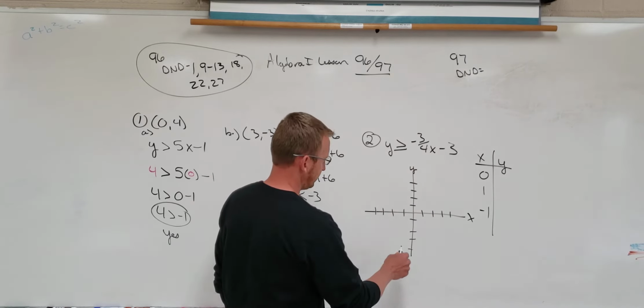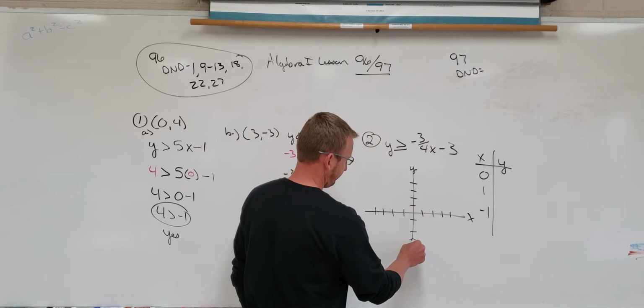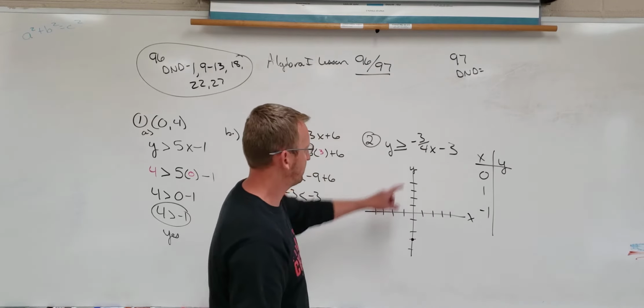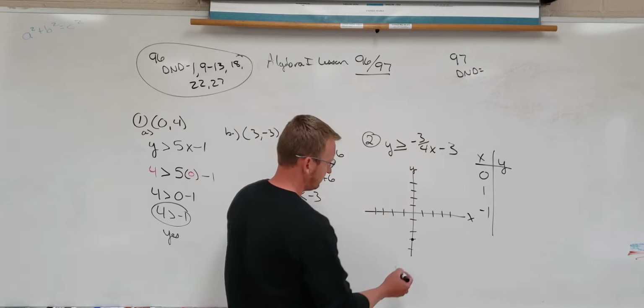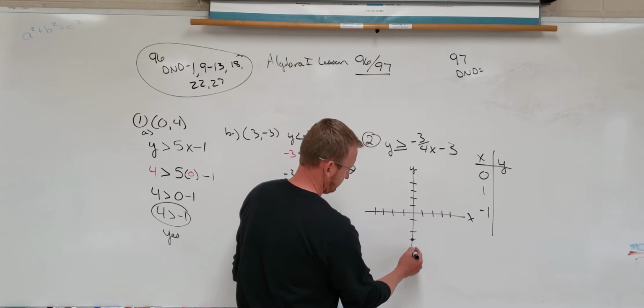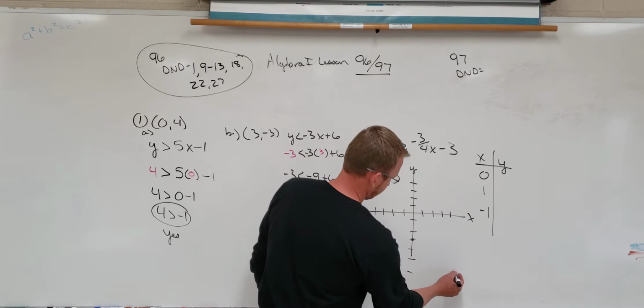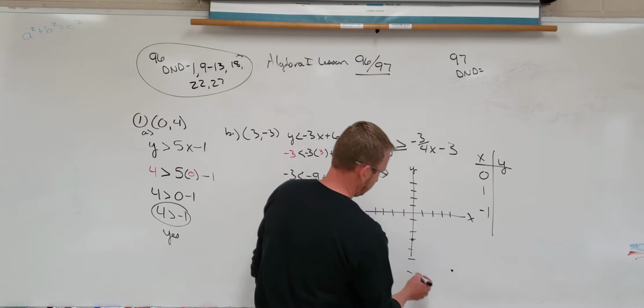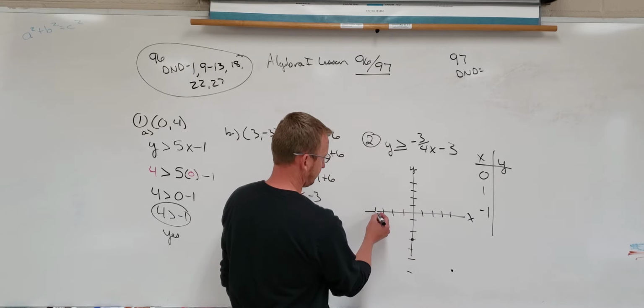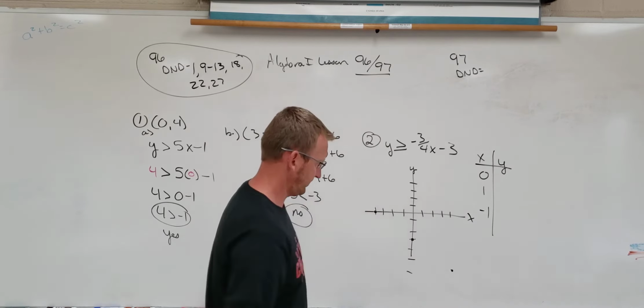Our y-intercept is -3. My slope is -3/4. So I'm going to go down 3 and over 4. I can also go up 3 and back 4. So this is going to be my line.